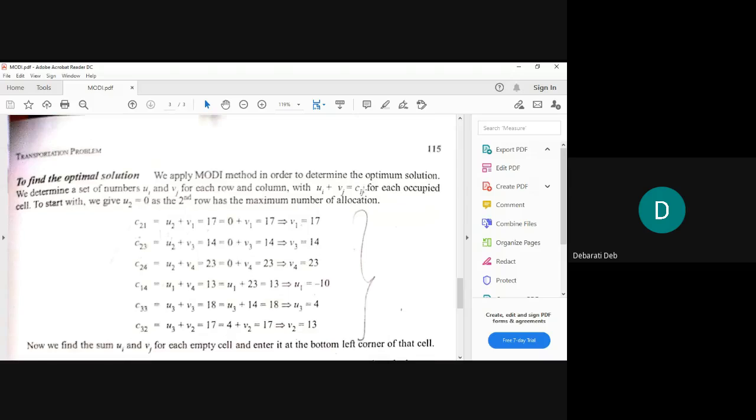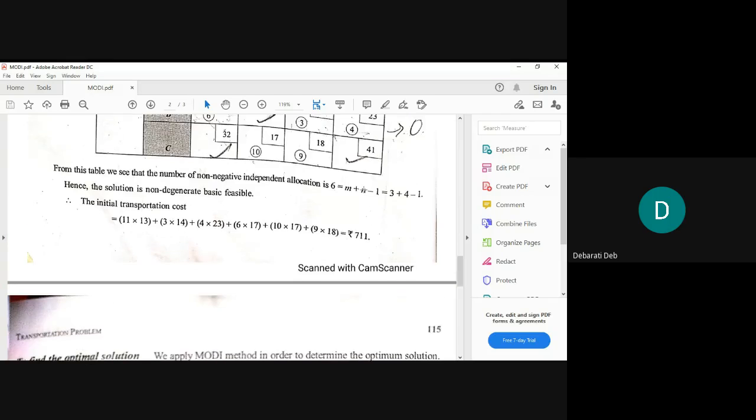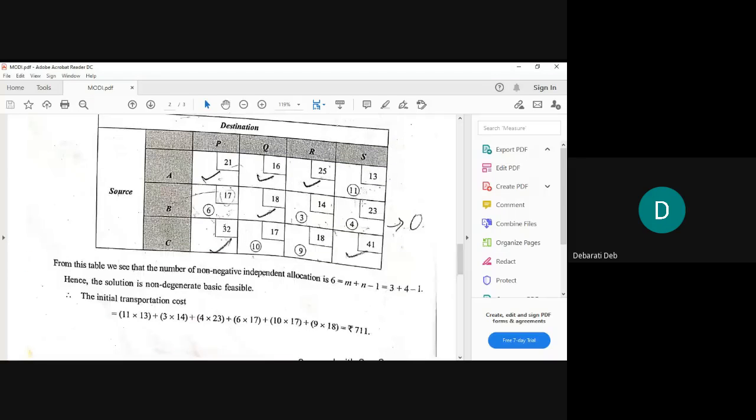For example, take this 18. Can you see this 18 in the second row and second column, B2 Q2? I'm talking about this 18.